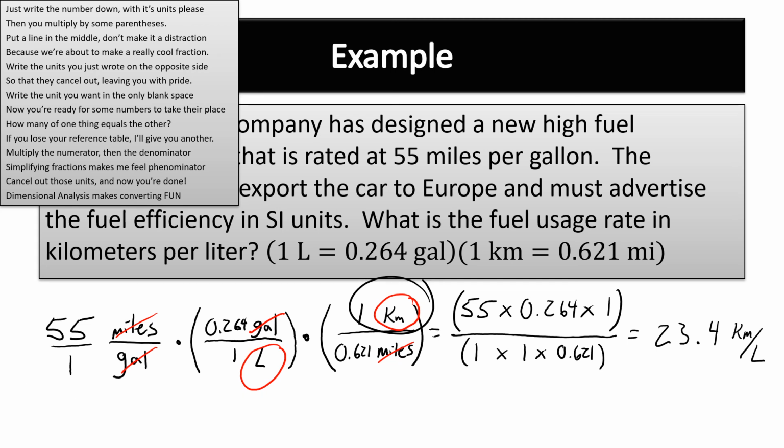And by the way, we didn't really talk about this, but I guess we talk about it now. The fact that these two values are equal to each other. I'm really throwing this in last minute. But let's look at this. We know that 1 liter is equal to 0.264 gallons, right? So they're equal in magnitude.